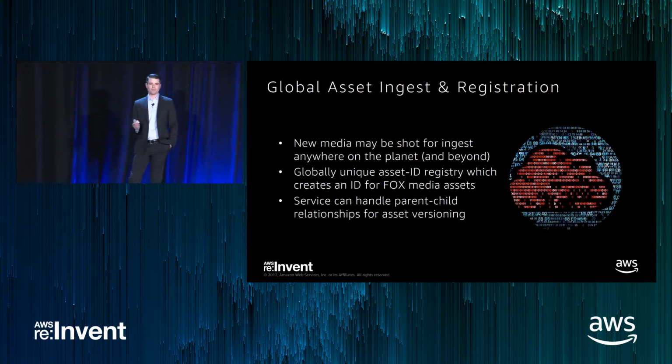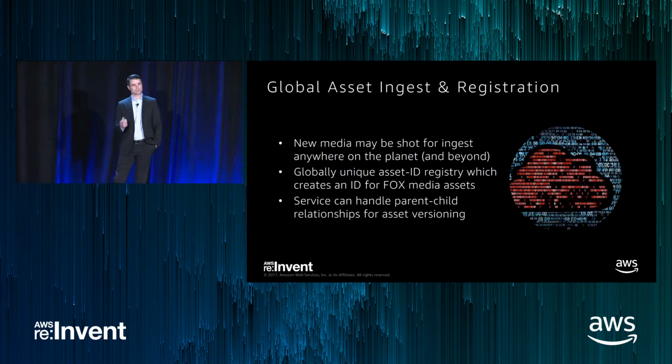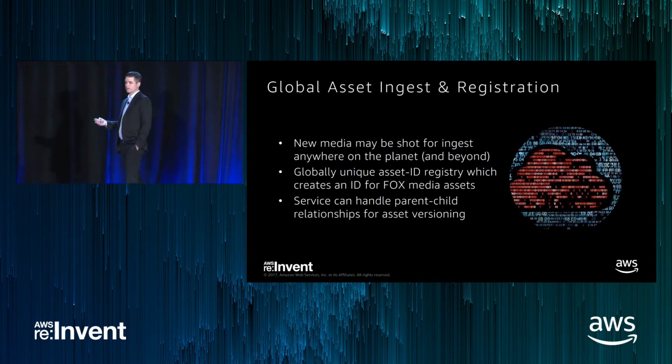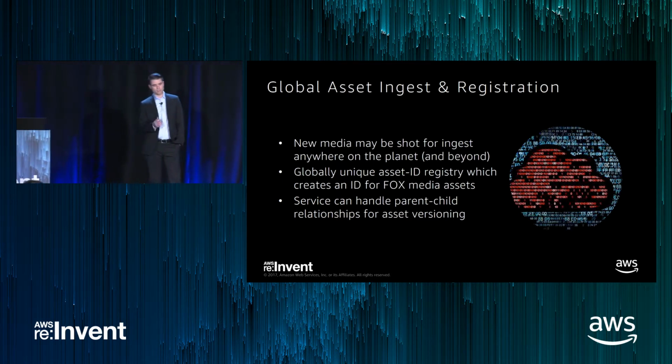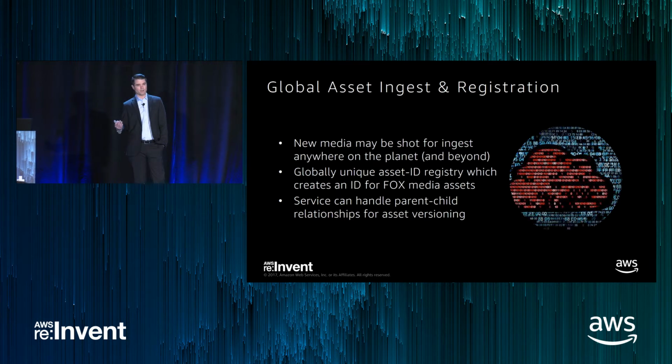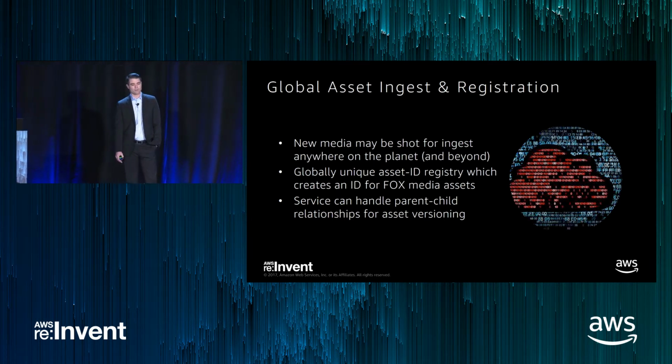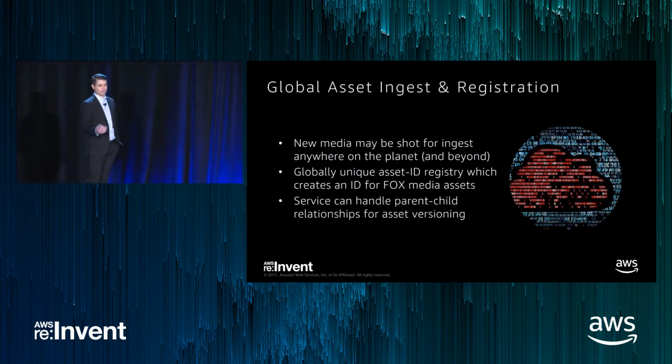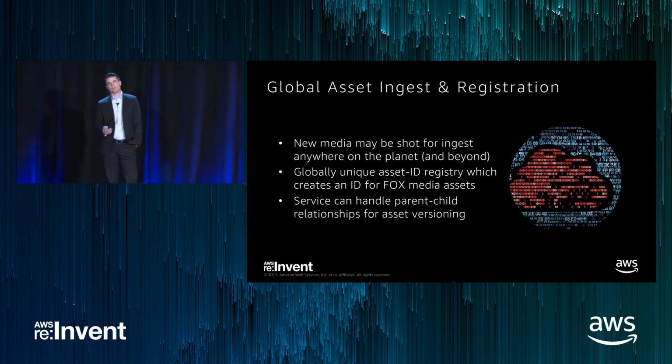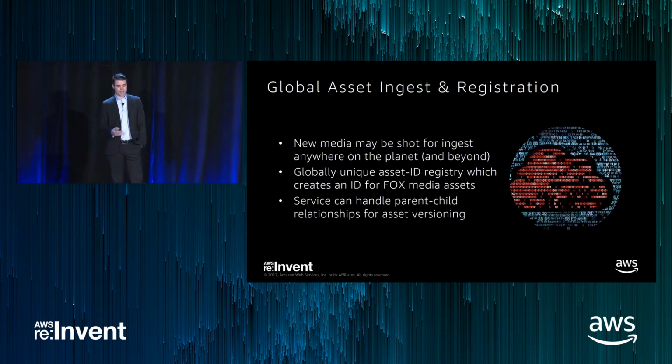So we needed a way to not only globally register assets as they pass through this system, so that we can understand if they've already been recognized or not, but also be able to see this down to the bit level in the actual images itself and not rely on anything else. A sidecar benefit of that is that it inherently handles parent-child relationships of content. So as you have maybe a master asset and you have multiple file types underneath of that, that can all be categorized and registered as a single system.